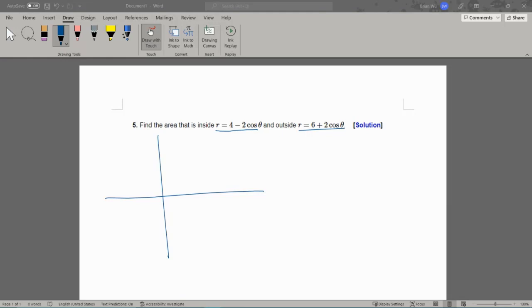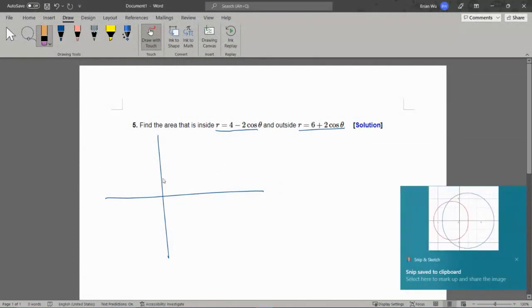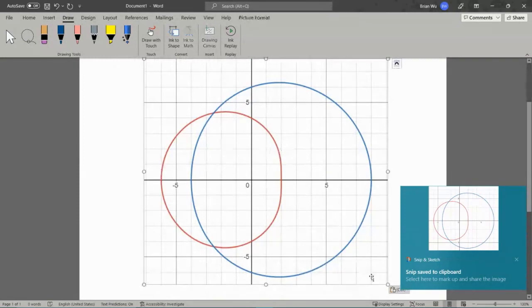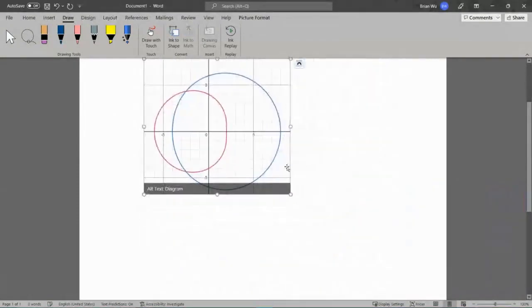Let me screenshot that into the Word document. All right, so this is the graph we're looking at.